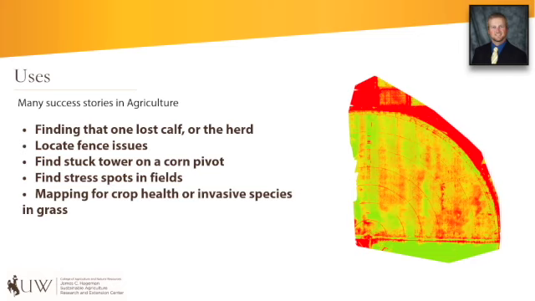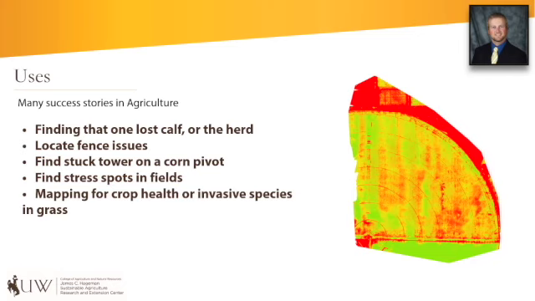You could possibly locate fence issues with your drone by flying down fence lines, or checking water in that hard to get to tank area that, maybe it's only half a mile away, but it takes you half an hour to get there. You could possibly find a stuck tower on a corn pivot, or a stress spot in a field for various reasons.